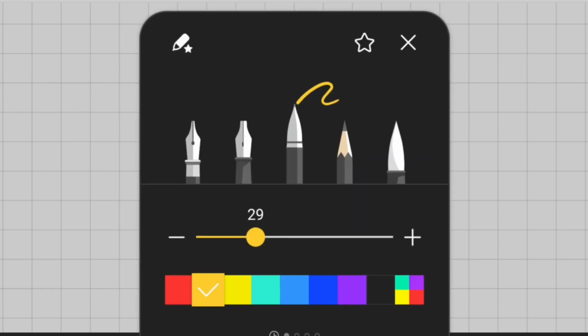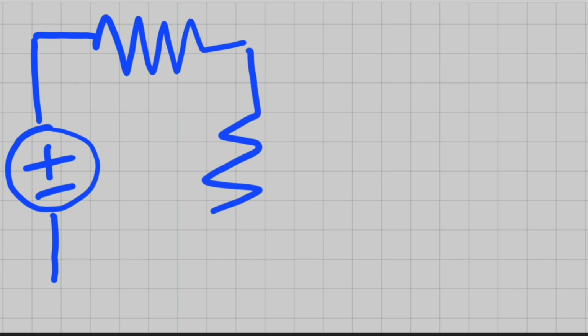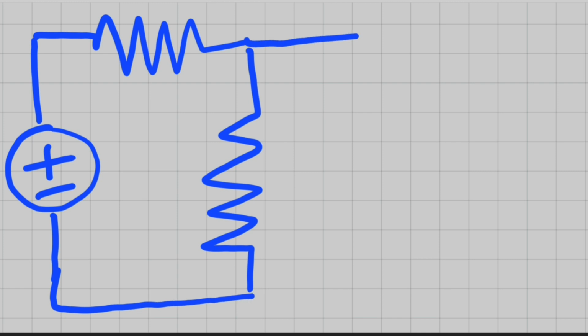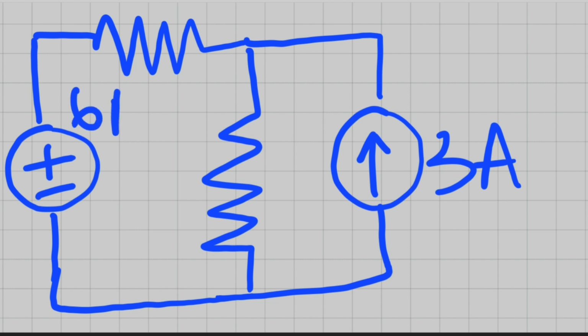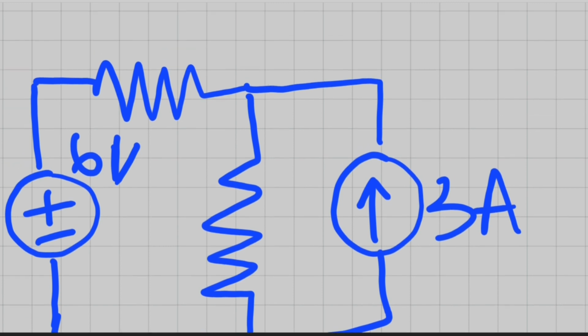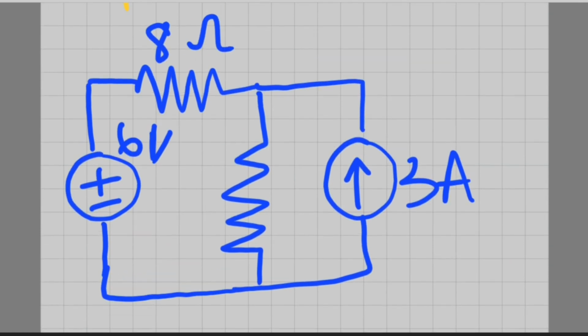So I will write down the question, so please wait. Here we have to find out the voltage across the 4 ohm resistor.